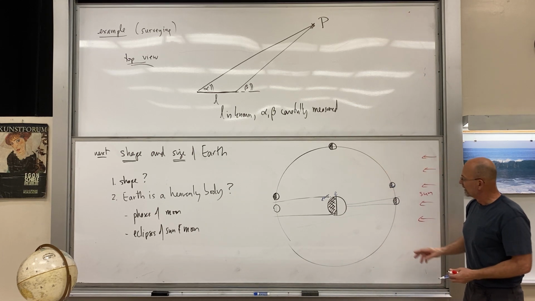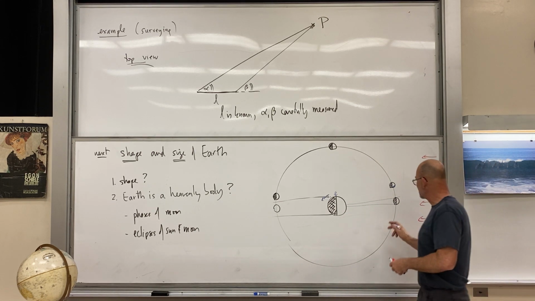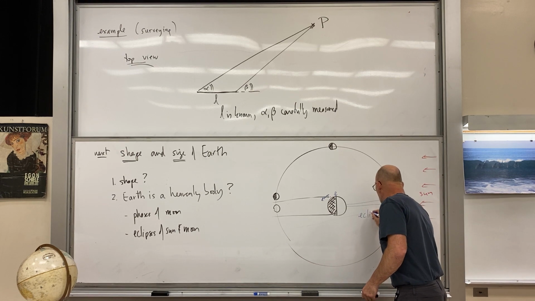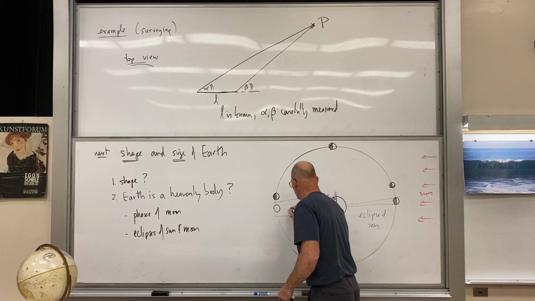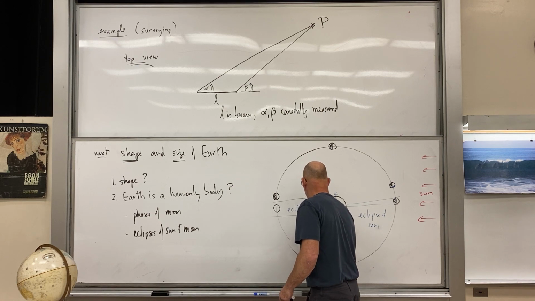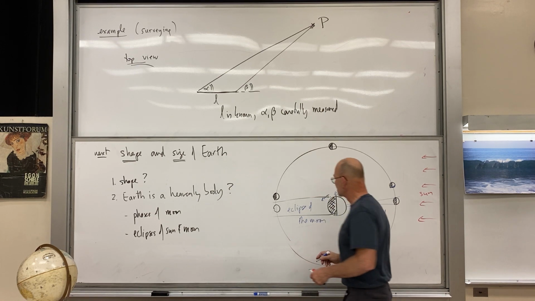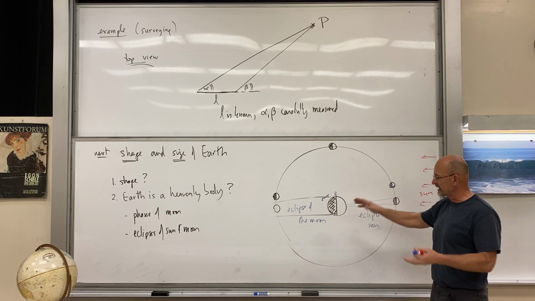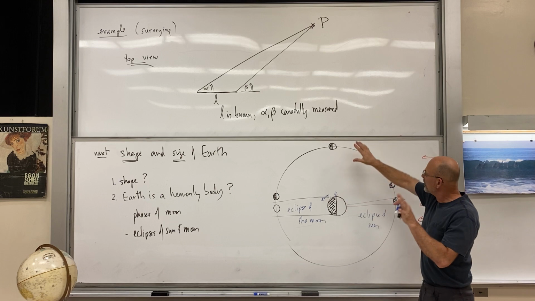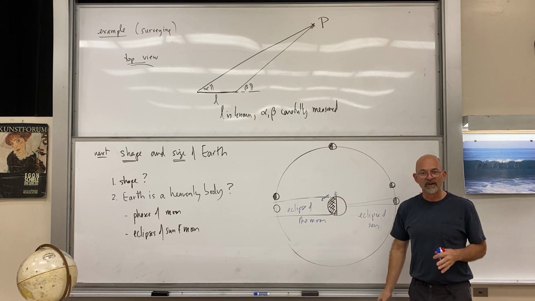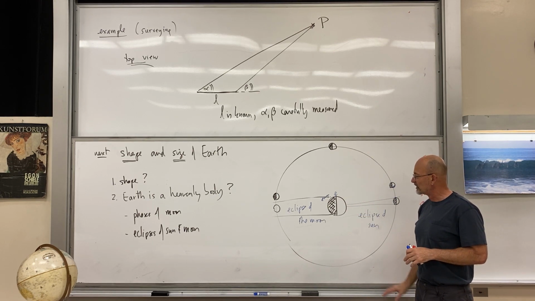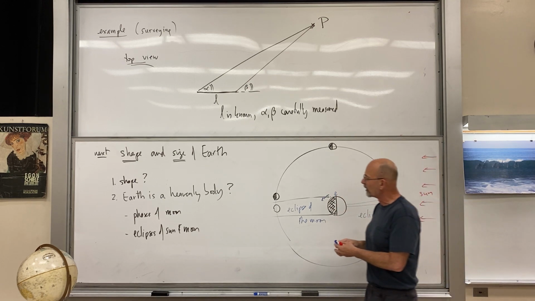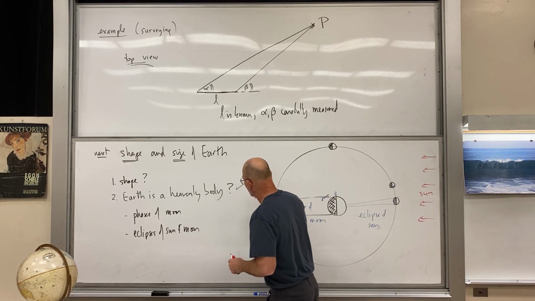But this would be an eclipse of the sun. And this over here would be an eclipse of the moon. Eclipse of the sun, eclipse of the moon. And now we know the Earth really is a heavenly body. It's casting a big shadow. The moon and the sun are spheres. And we still don't know that the Earth is a sphere, but we do know that it's a heavenly body.